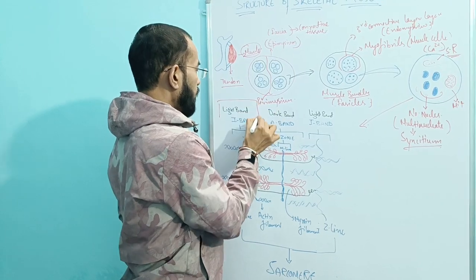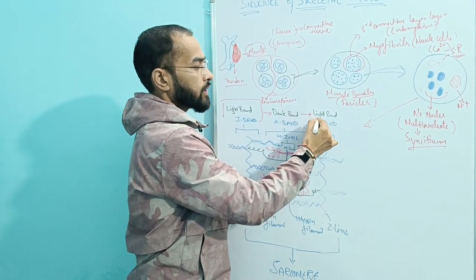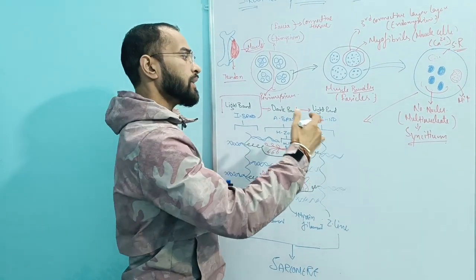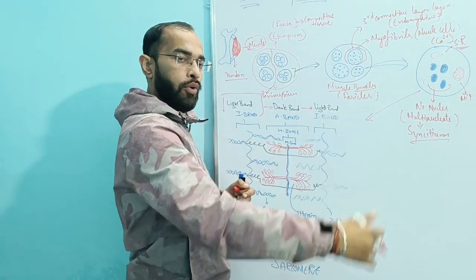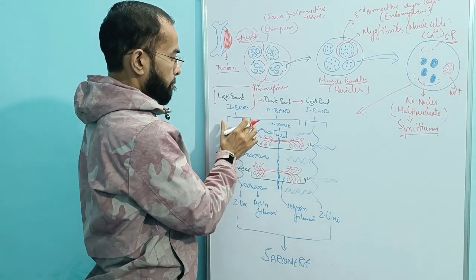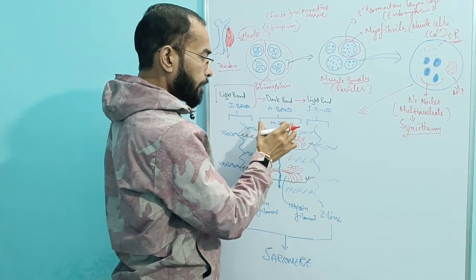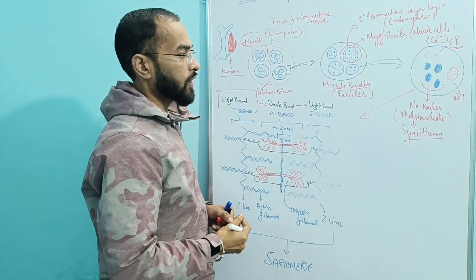One light band is followed by a dark band, and then a dark band is followed by a light band, and this continues in a progressive way. Light band is formed by actin filaments, and dark band is formed by myosin filaments.